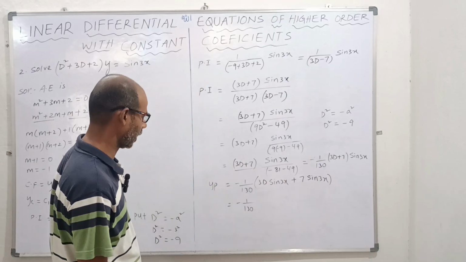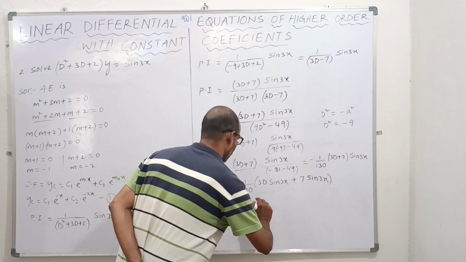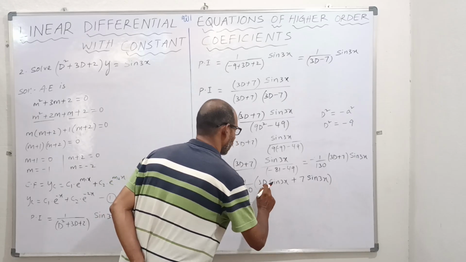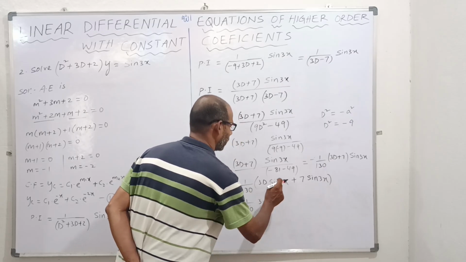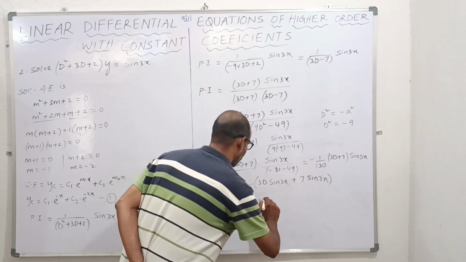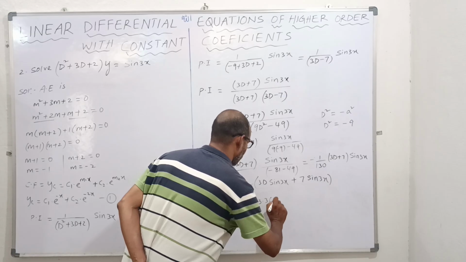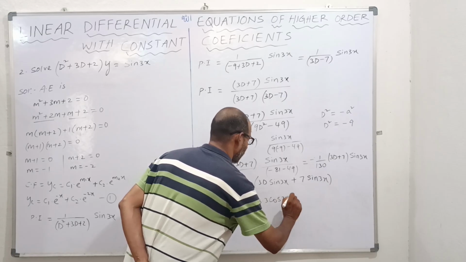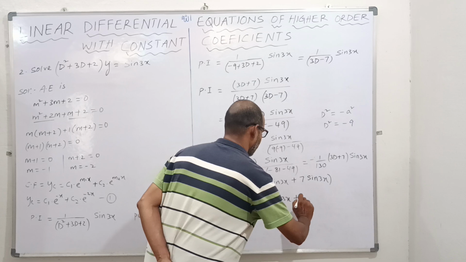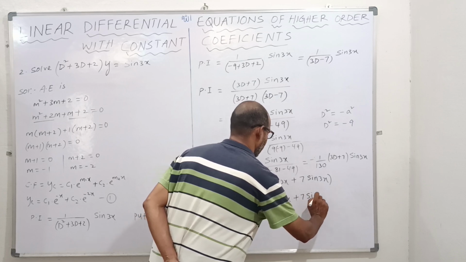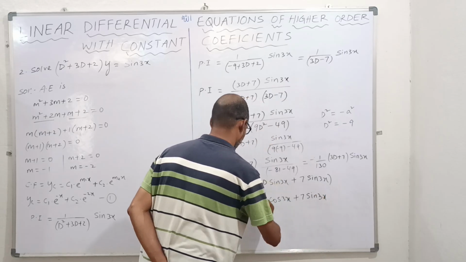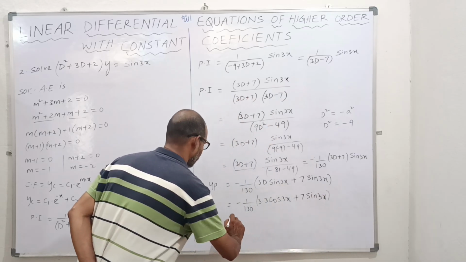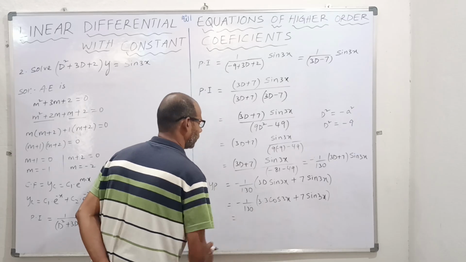D is nothing but the derivative of sine 3x. So 3 into the derivative of sine 3x is sine 3x into the derivative of 3x, which is 3. So 3 into 3 is 9.